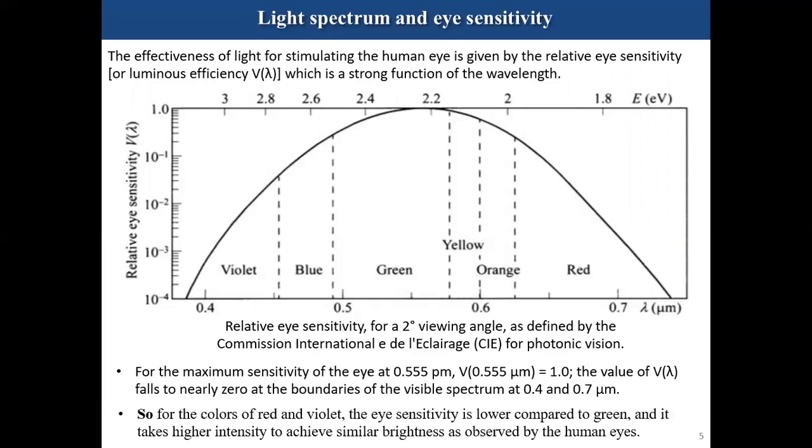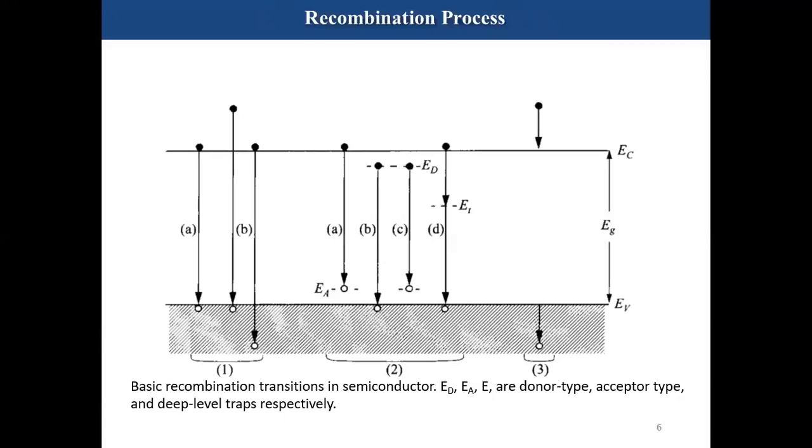So in case of the color red or violet, eye sensitivity is lower compared to green, and it takes higher intensity to achieve similar brightness as observed by human eyes. So that's the aspect we need to understand for building LEDs.